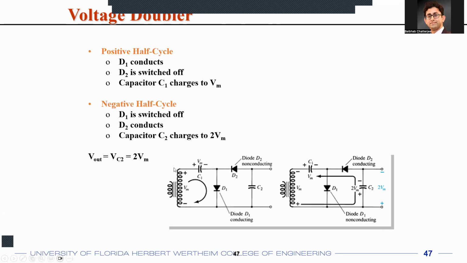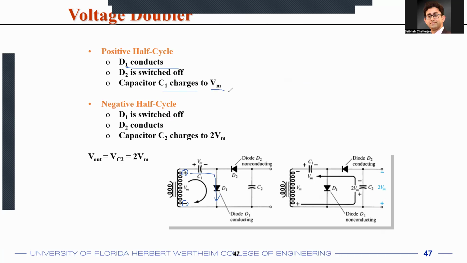And in the positive half cycle of that Vm, for the positive half cycle of this voltage, your D1 diode will conduct, right? And the capacitor gets charged to Vm. When this diode is conducting, the capacitor gets charged to Vm. Why? Because again, as the diode is conducting, the drop across the diode is 0.